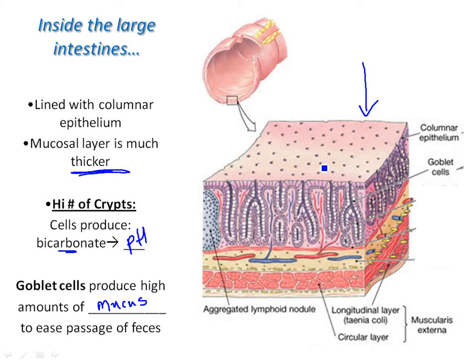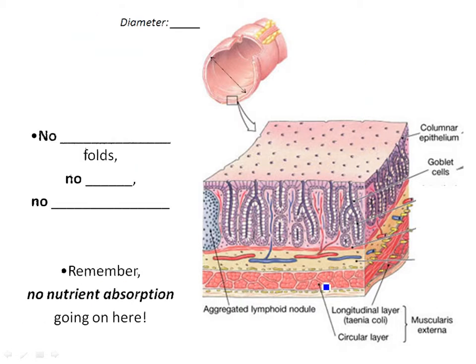All right? But still notice that we do have the muscularis externa. We do have these layers of muscle that are, of course, going to be involved in moving things through. So we have to have some way for movement to occur. Now, another thing that you're going to notice is that the large intestines are much larger. The diameter is anywhere from 3 to 4 inches from side to side, so much larger than the diameter of the small intestines.